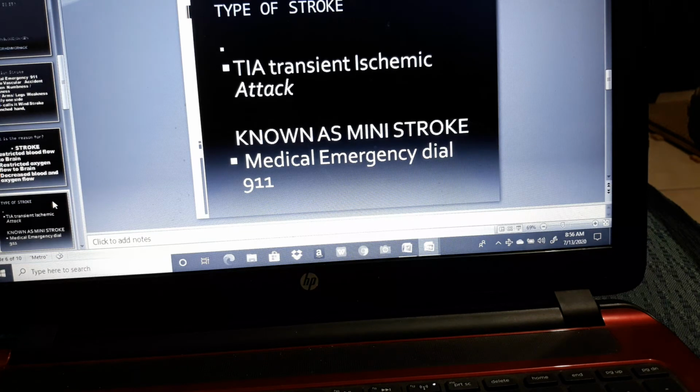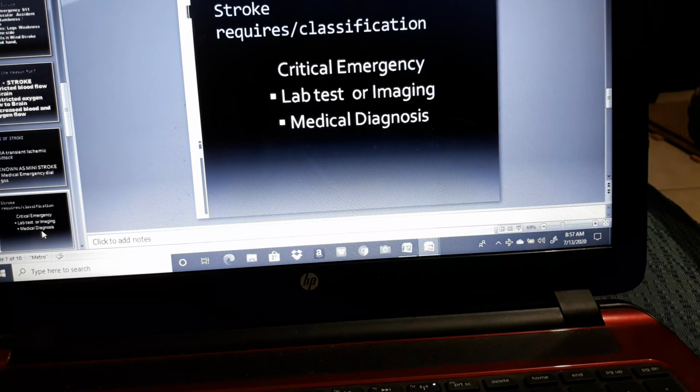It's known as a mini stroke, and it is a medical emergency, and you've got to dial 911. A stroke is classified as a critical emergency. It requires lab testing or imaging and a medical diagnosis.